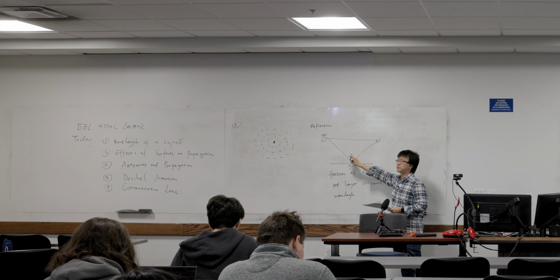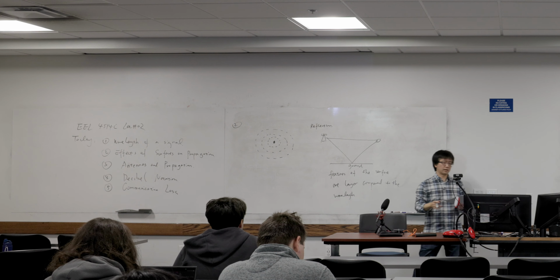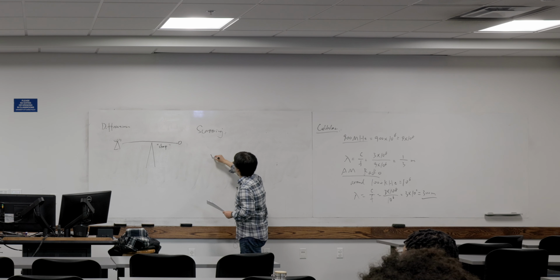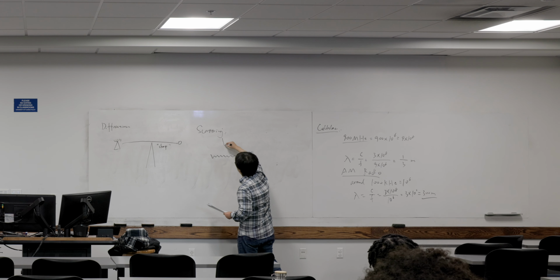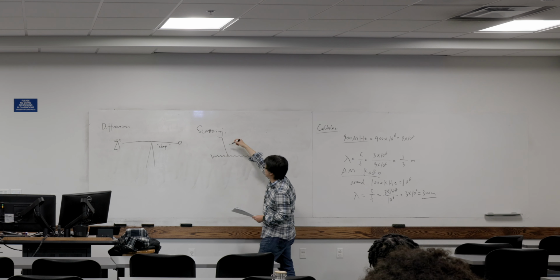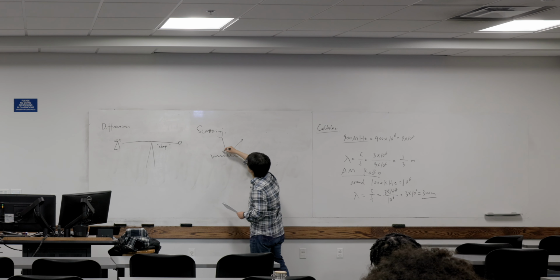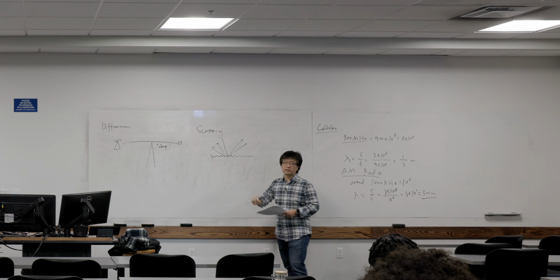Basically, the wave will be reflected everywhere, right? That's scattering. So it looks like this. If we have something like this, which is not smooth, and here is our input, and the wave hits the ground like this, then the reflection will be everywhere. So that's basically scattering.